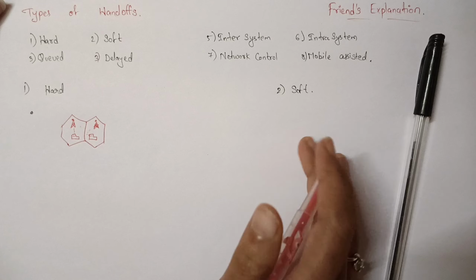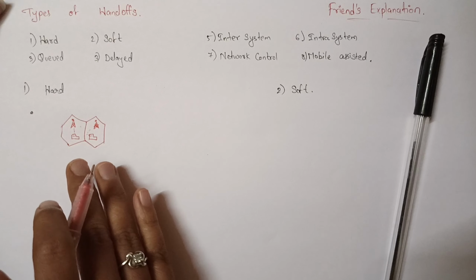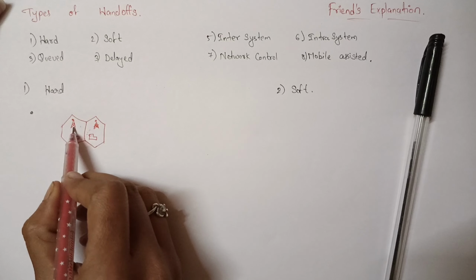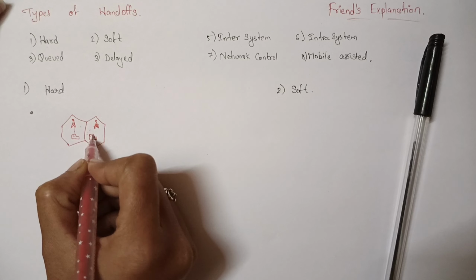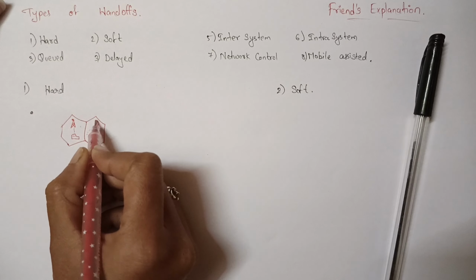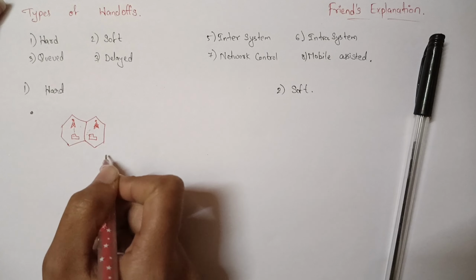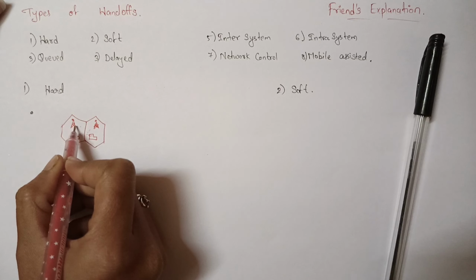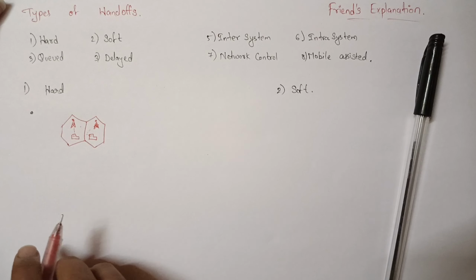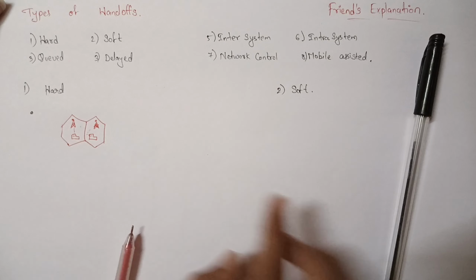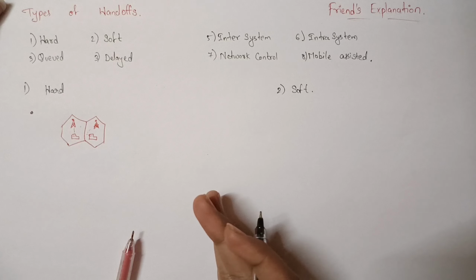And in soft handoff there is a different case, that is, first the connection should be made with the tower inside the next cell in which the mobile has entered, and after that only the connection with the previous tower will be disconnected. So it is defined as a handover where a new connection is made before the old connection is released.